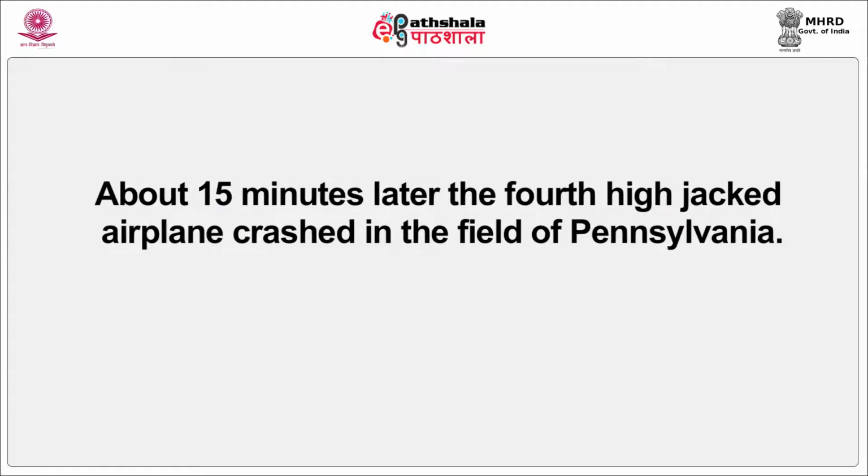As a result, both of the towers collapsed. Around three quarters of an hour following this attack, the Pentagon building in Washington, D.C. was struck by another of the airplanes. About 15 minutes later, the 4th hijacked airplane crashed into a field in Pennsylvania.